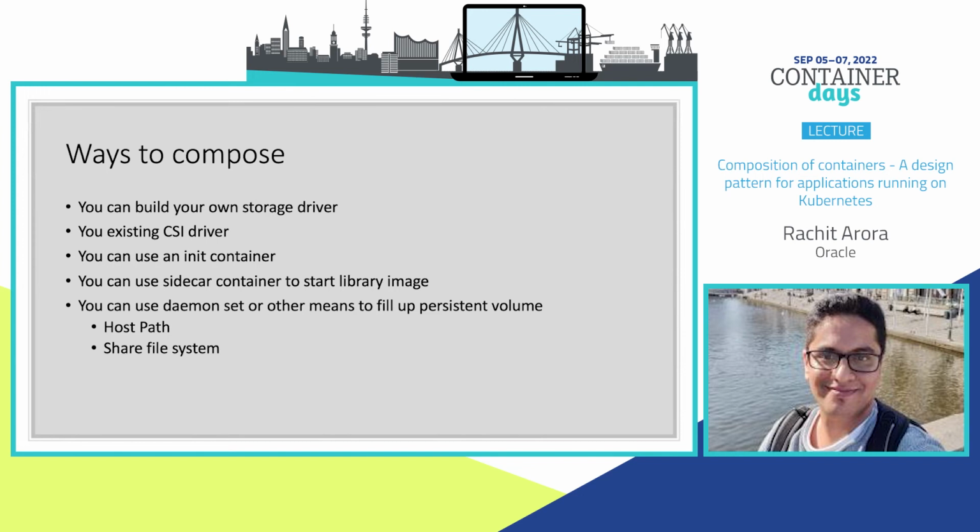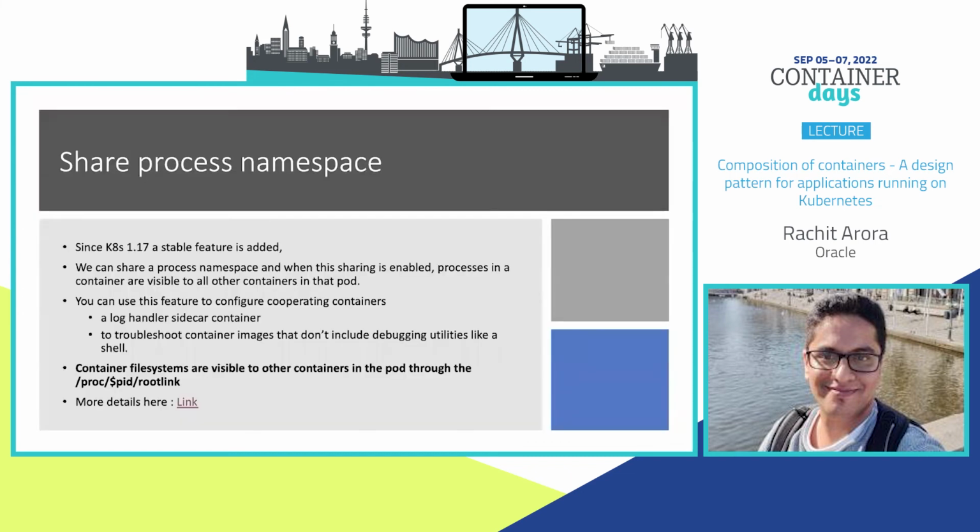But all of these options were kind of a workaround to solve the prime problem of composing containers, with the ability to access the file system of the other container and access the process namespace of the other container. So with Kubernetes version 1.17, a stable feature has been added which allows this process namespace sharing.